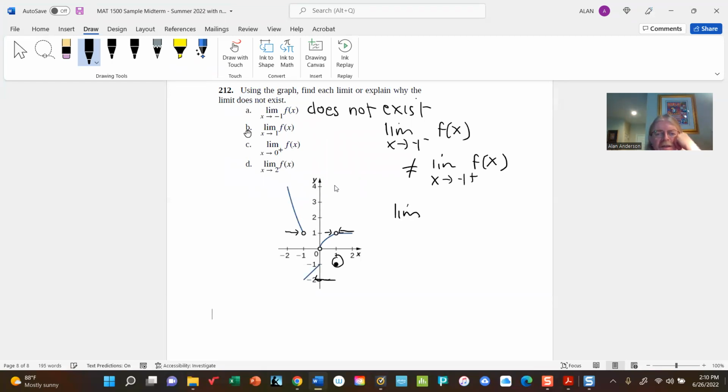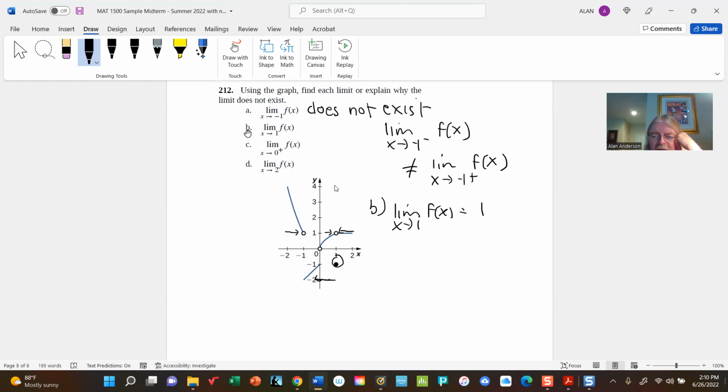The limit, as x approaches 1, is just 1. In other words, they're both converging and getting very close to this hole. And so that actually is the limit. That's considered to be the limit in spite of the existence of this point down here. That is the correct limit for this thing.